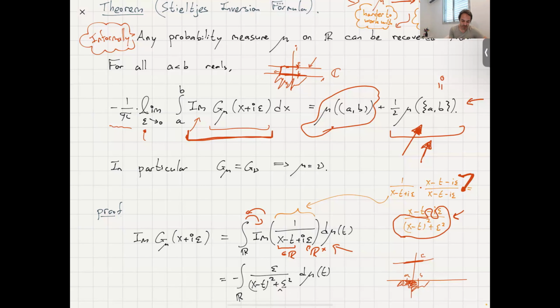So the minus goes outside, and then you have the epsilon sitting here, and then you have this denominator. So the integrand itself, the imaginary part of the Cauchy transform, is exactly this thing. The imaginary part just picks the minus epsilon, and you have the sum of squares in the denominator.